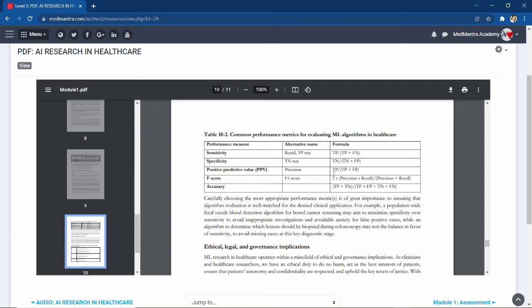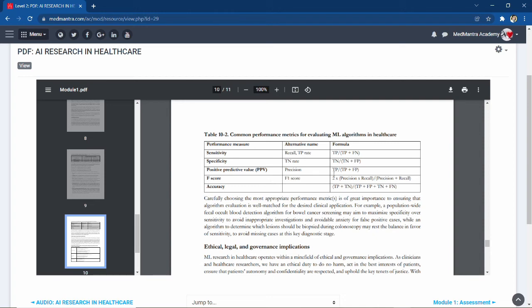Specificity means the algorithm's ability to correctly predict all cases without the label of interest. Positive predictive value or precision means how many people predicted to have the label of interest by the algorithm truly have the label. This metric focuses on how useful the algorithm is in clinical practice.